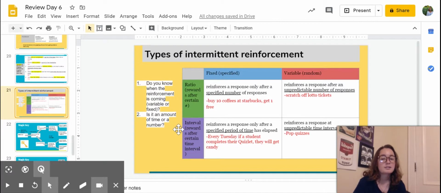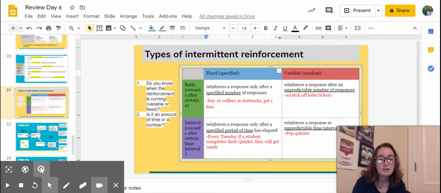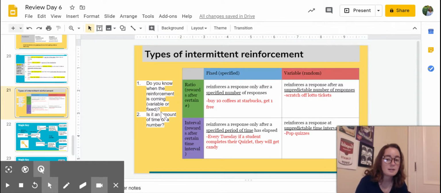Interval is the reward coming after a specific amount of time has passed. So now let's put all these things together. You've asked yourself, okay, we know it's coming, so it's fixed. And we know that it's based around a number, not a period of time. So fixed ratio, and this is reinforcing a response only after a specified number of responses.